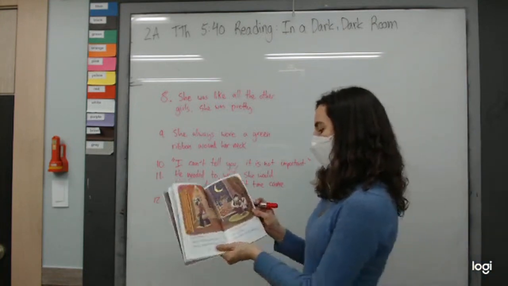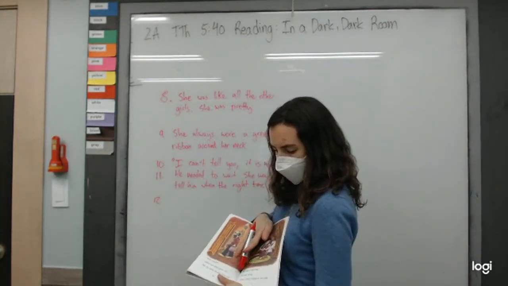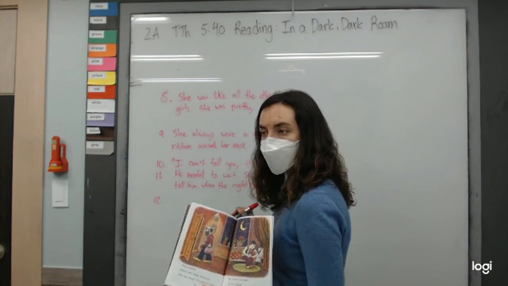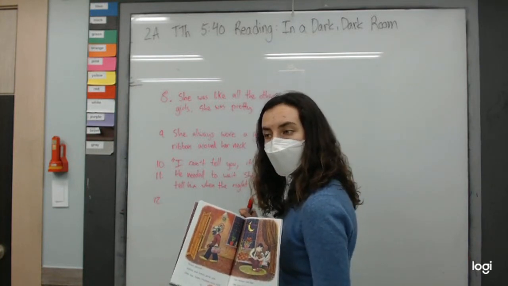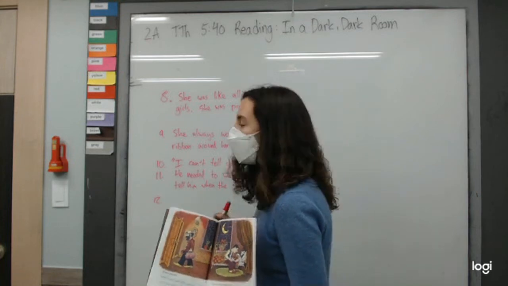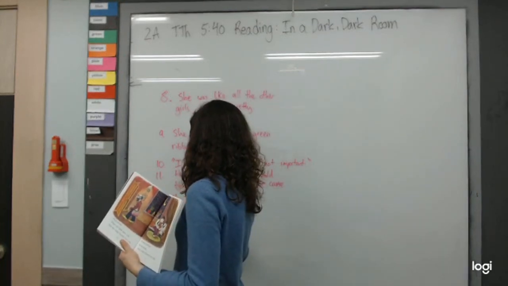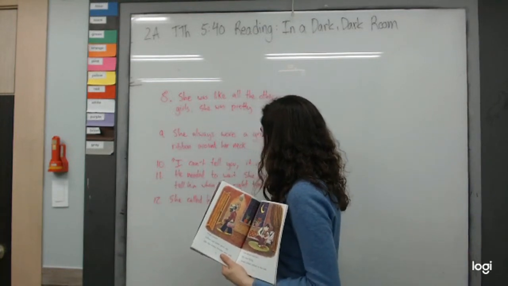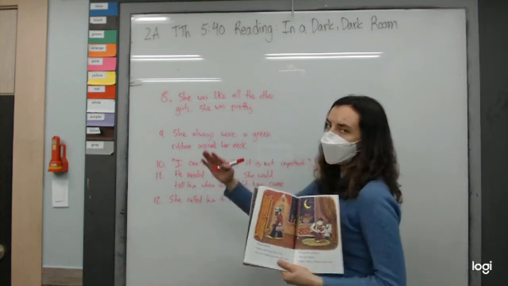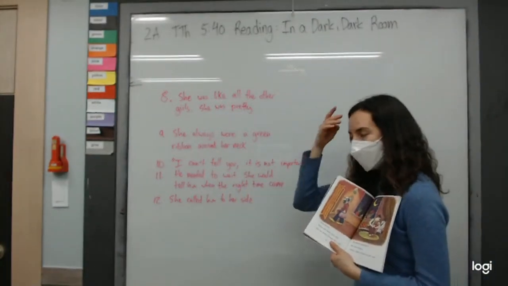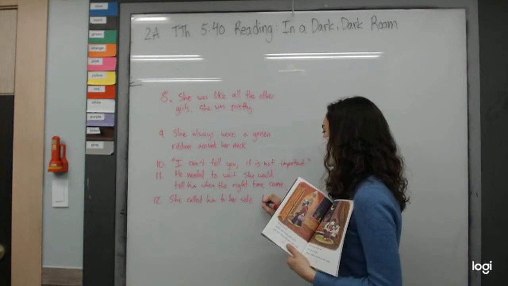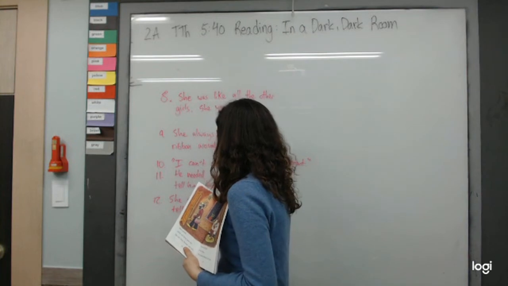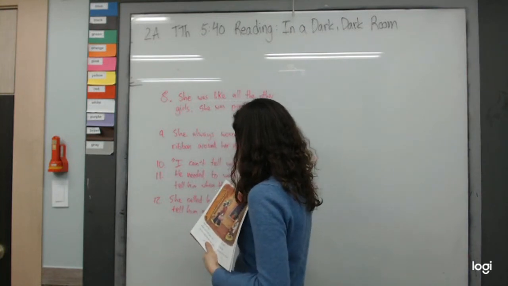Yes, she is going to tell him about the ribbon. Before she tells him about the ribbon, she does one thing here too. Called him to her side, yes. She called him to her side. She said, Alfred, come here, Alfred. So she could tell him about the ribbon. So I can just write to tell him about the ribbon.